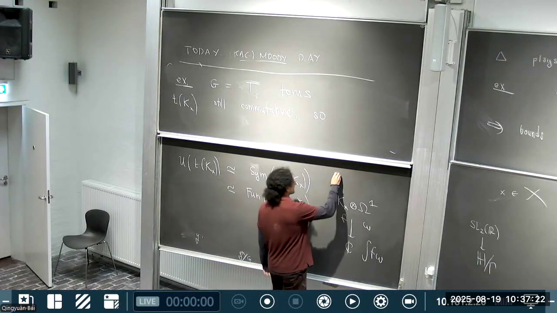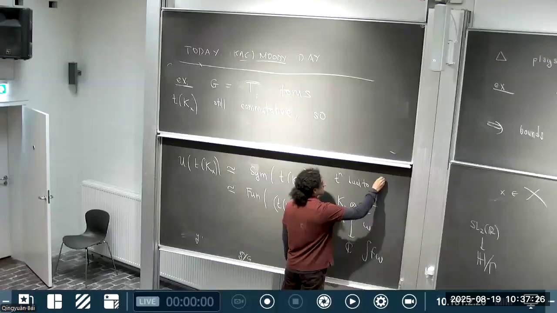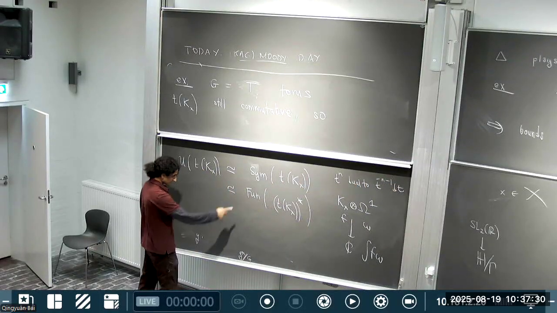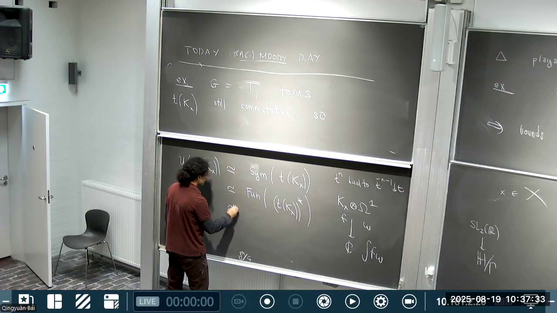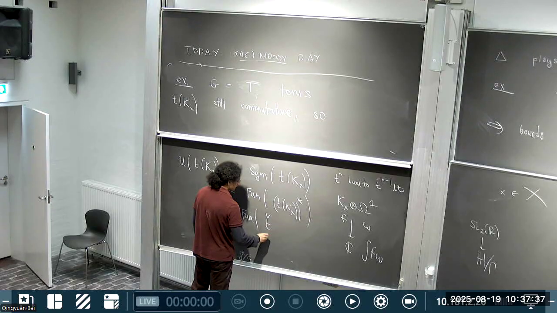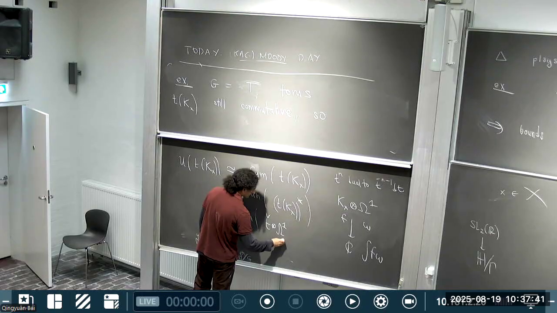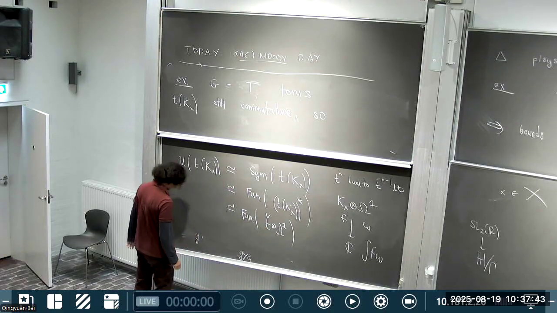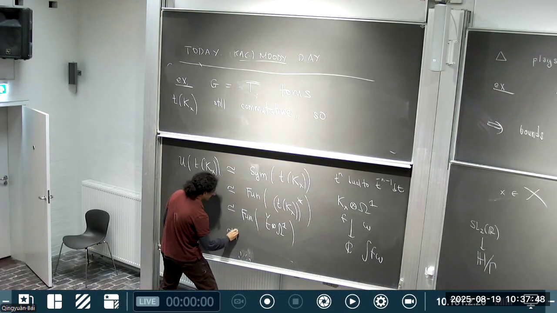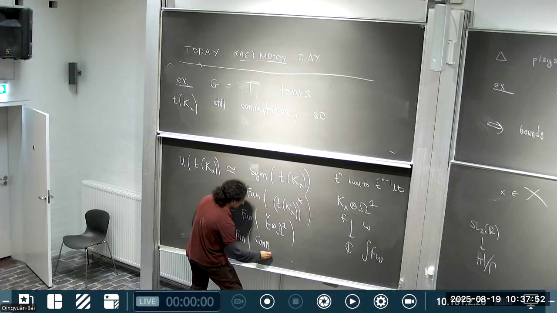Basically, the point is that t to the n is dual to t to the minus n minus one. So what this is now is just functions on E-check connections.